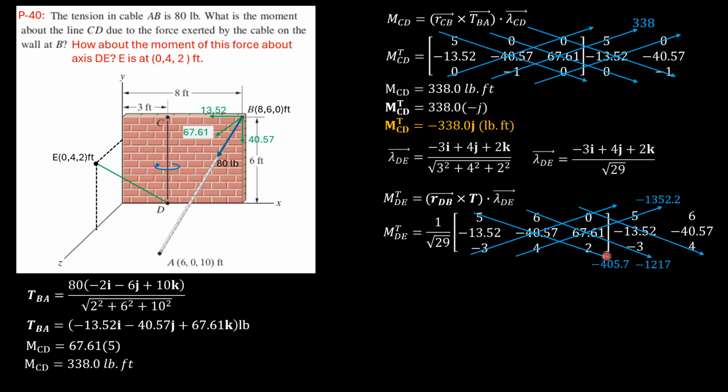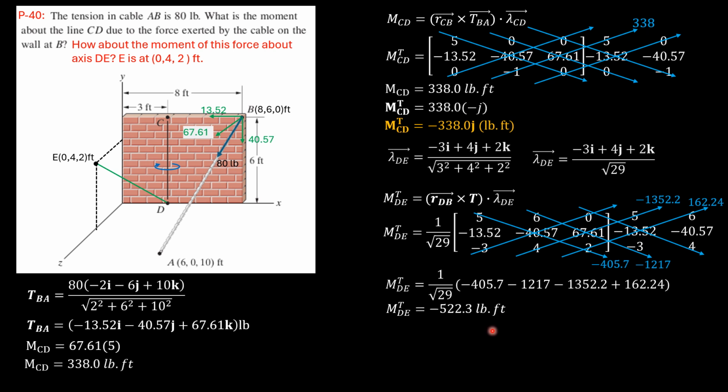This is negative, and negative of negative is positive, so that product is positive 162.24. Combining, the moment of the tension force about axis DE is scalar value 1 over square root of 29 times the quantity negative 405.7, negative 1217, negative 1352.2 plus 162.24. Combining and dividing by square root of 29, we have the value, which is negative 522.3 pound-foot.